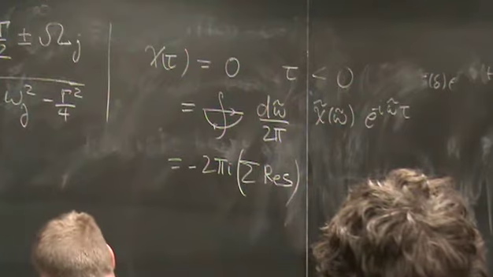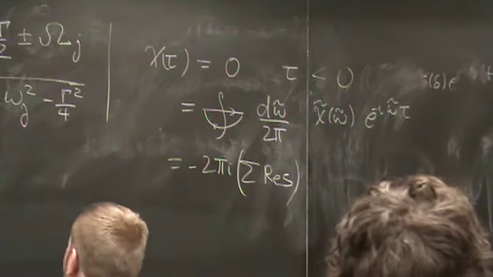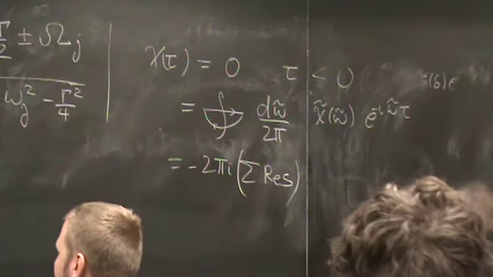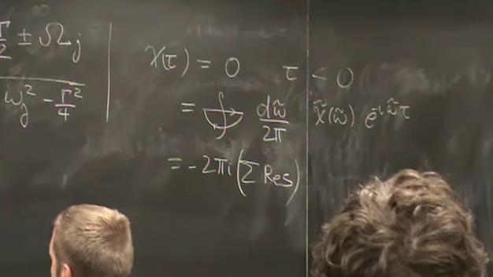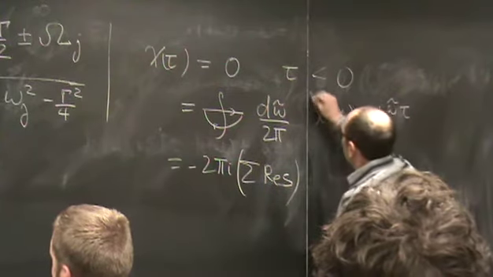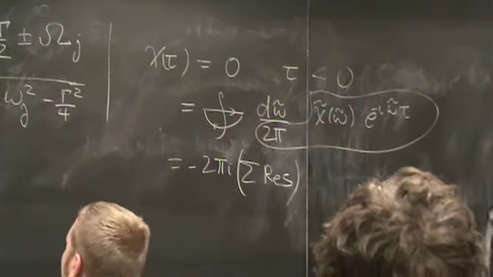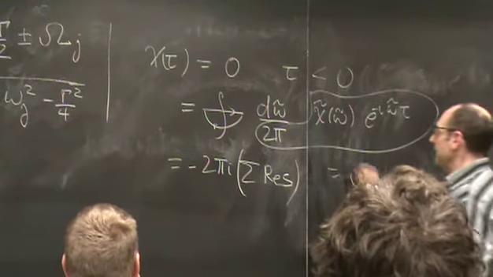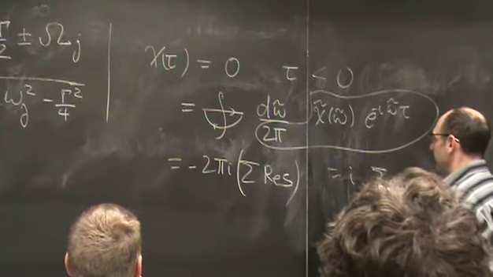All right, so what are the residues of this guy? Well, they're the residues of this function. Okay, so it's minus i times the sum of the residues.